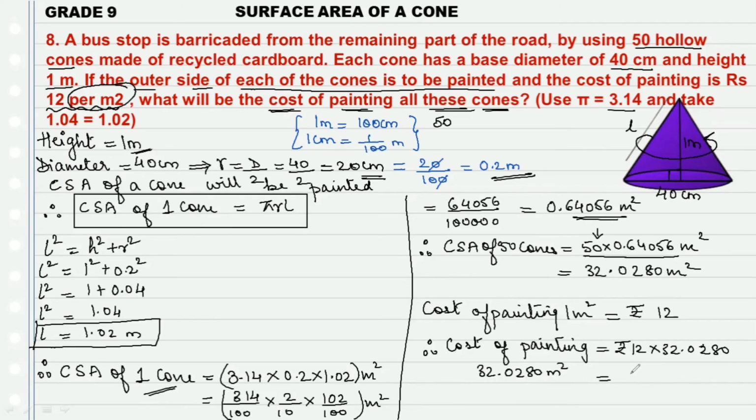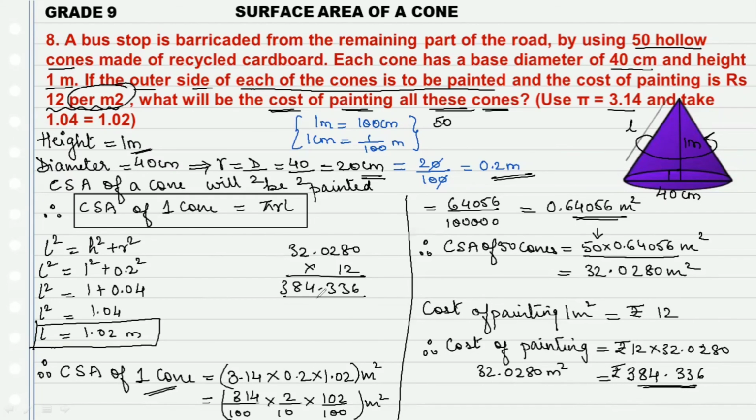You will get 384.336 rupees. This is what you get by multiplying it. You can just verify, students. Check your calculation once, multiply by 12. You will get 384.336 rupees.